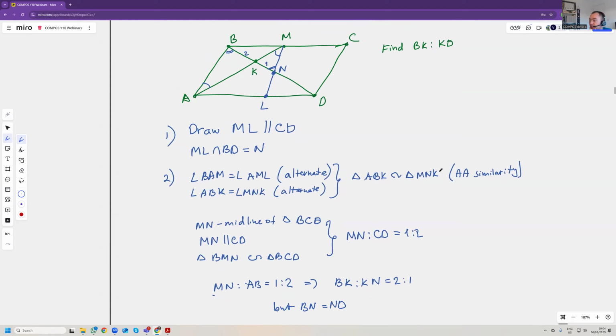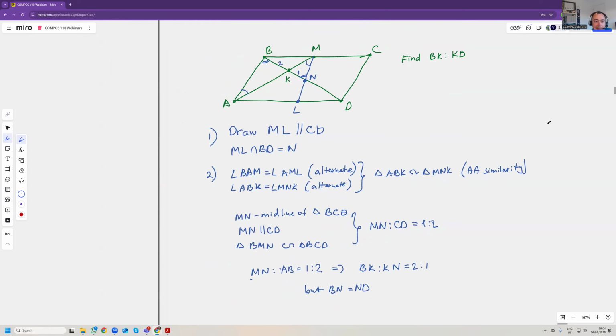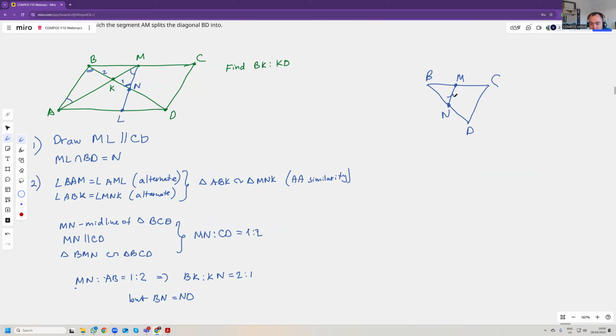Can you explain why the scale factor is 1/2? There's a question. Okay. So if you look at the triangle BCD and the line MN, MN is parallel to CD.